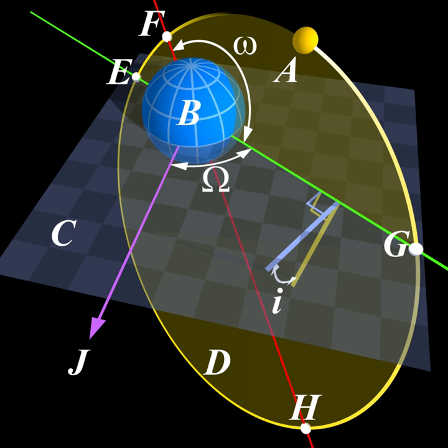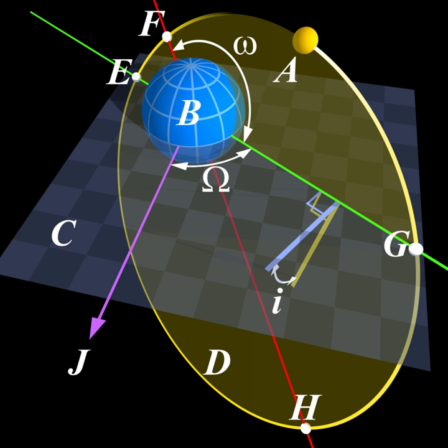Compute the eccentric anomaly E by solving Kepler's equation: M equals E minus epsilon sin E.